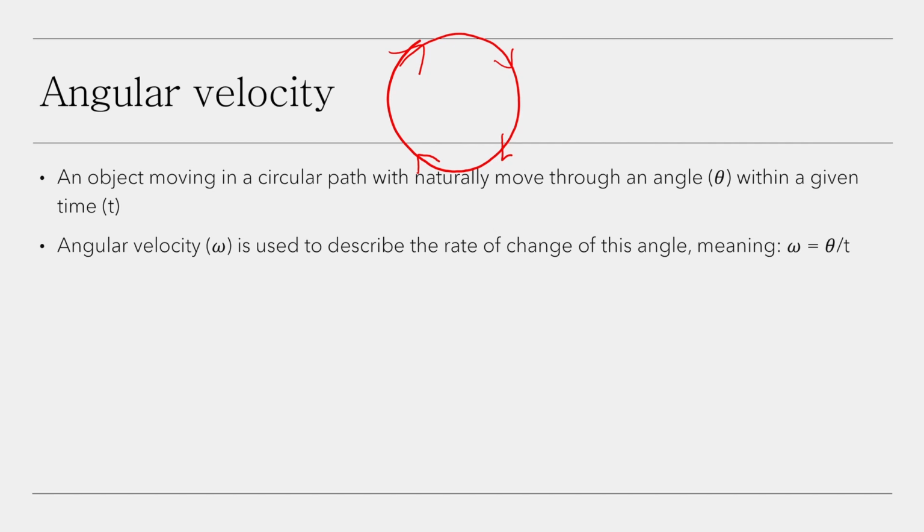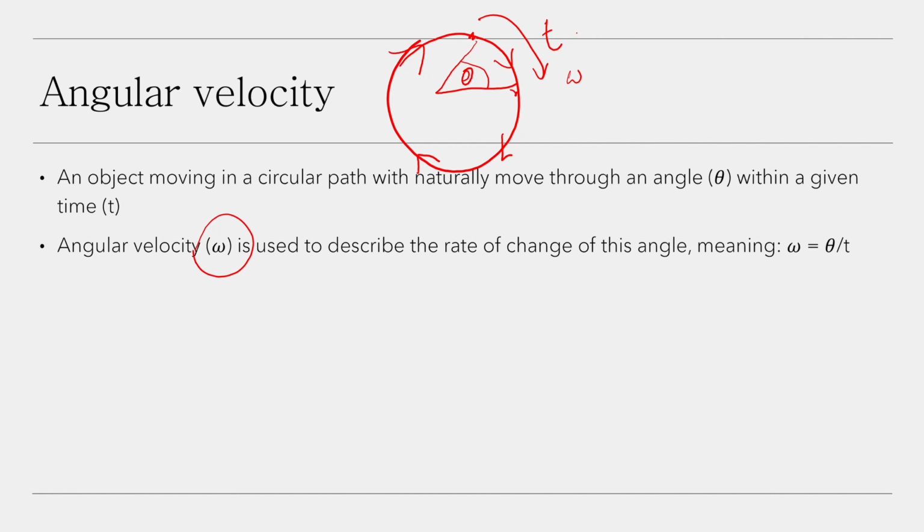An object moving in a circular path will naturally move through an angle, and I've denoted that angle theta. So if it moves from here to here, it will have subtended an angle within a given time. The angular velocity, omega, is used to describe the rate of change of this angle.